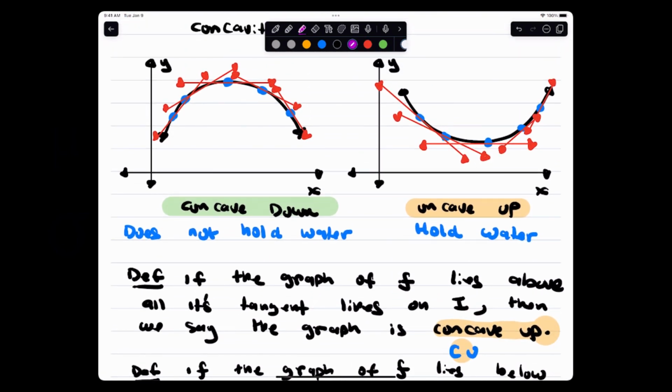Well, over here. Okay? They're talking about the slope of all these tangent lines. So if I'm walking left to right, what you're going to notice is all of these slopes of those tangent lines are actually getting bigger. They're increasing as you go left to right.